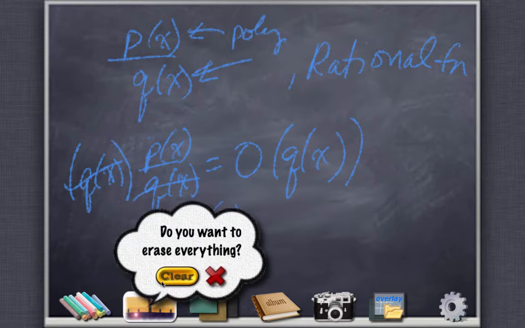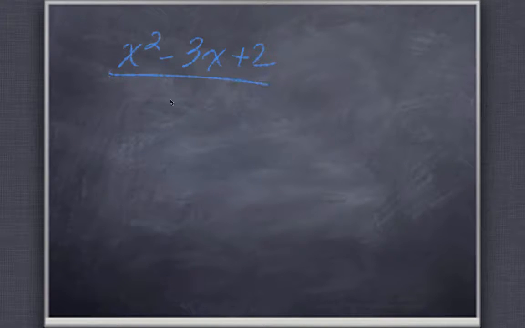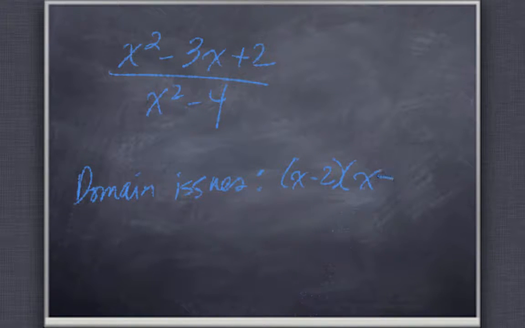So real quick example, if I had, say, x squared minus 3x plus 2 over x squared minus 4. So it's a polynomial divided by a polynomial. I have domain issues where x is 2 or x is negative 2.